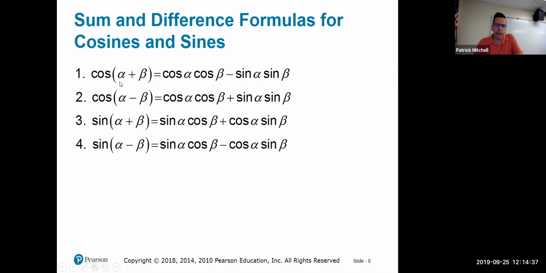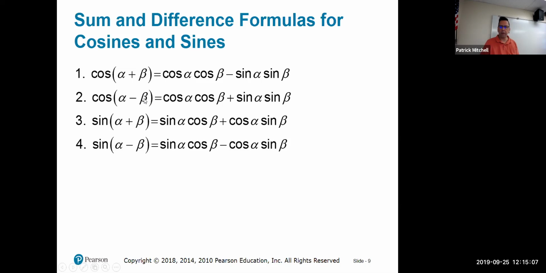I'll just mention this without going into a lot of detail. If you know either one of these for cosine, it's pretty easy to derive the other one. So for example, let's say that you know this one, the one we've been going over, and you wanted to derive a formula for cosine of alpha plus beta. What you could do is write out the formula for cosine of alpha minus negative beta.